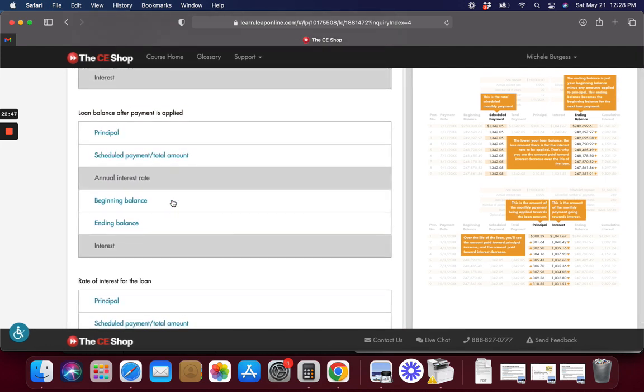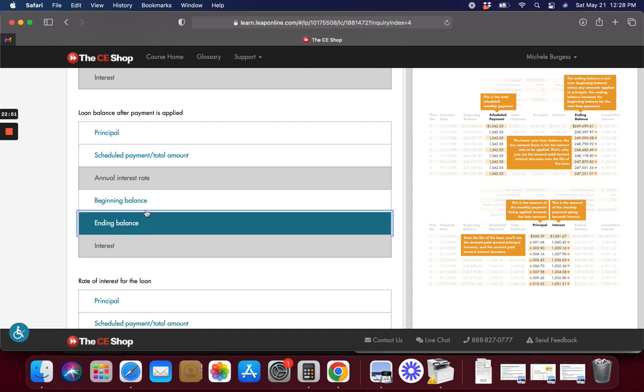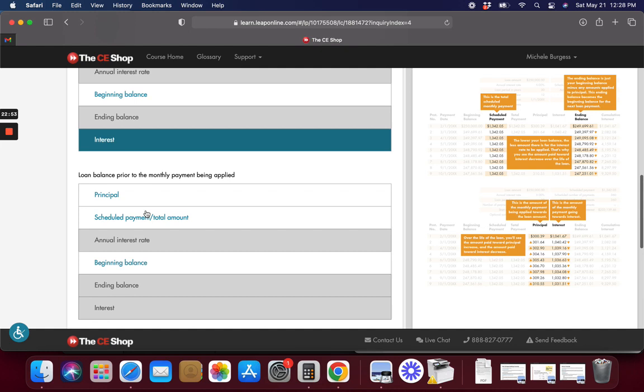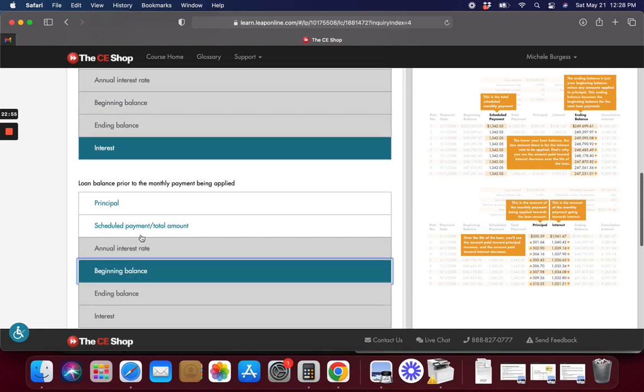Loan balance after payment applied is ending balance. Prior to the monthly payments, beginning balance.